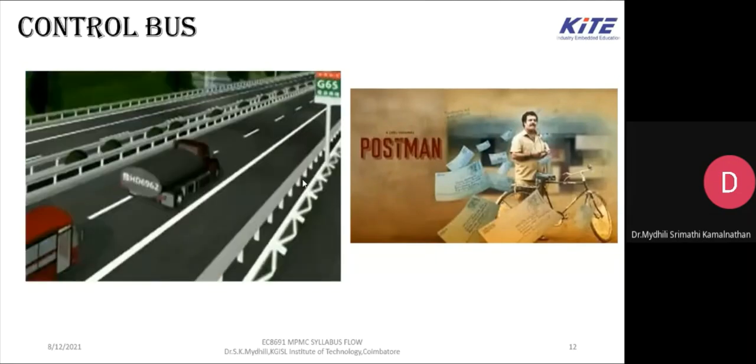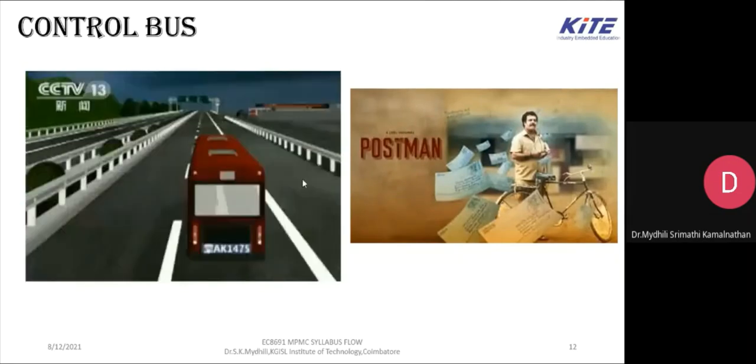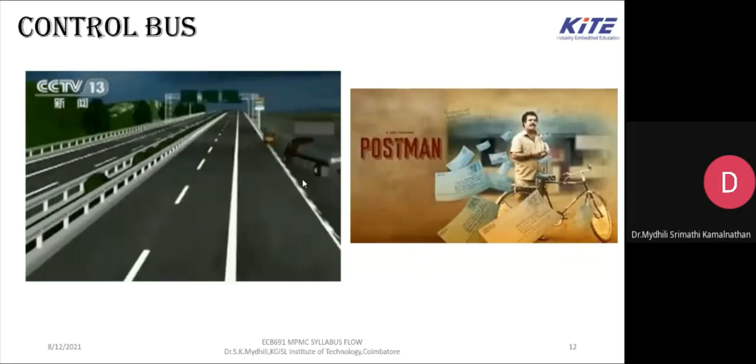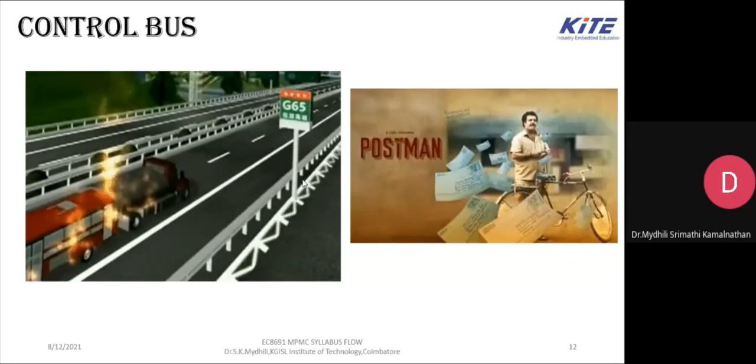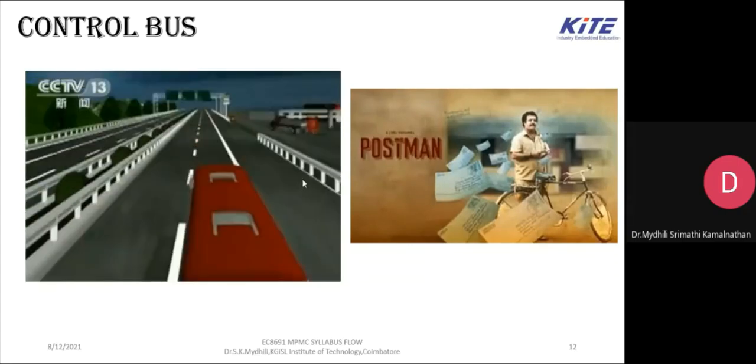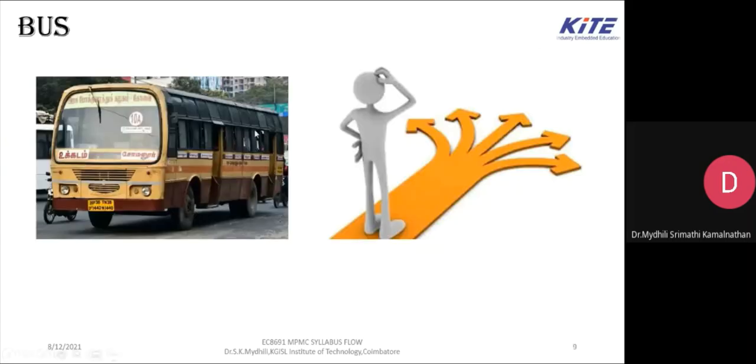What is the use of these buses? You can compare this analogy with the terms which I am going to use here. What does a bus do? A bus carries passengers from one location to another. Here I have captured one picture which shows the route from Mukkadam to Somanur. Since we are from Coimbatore, I have taken this example.